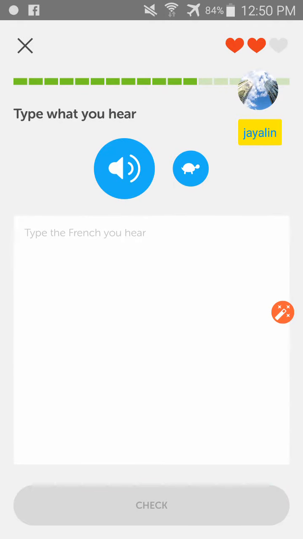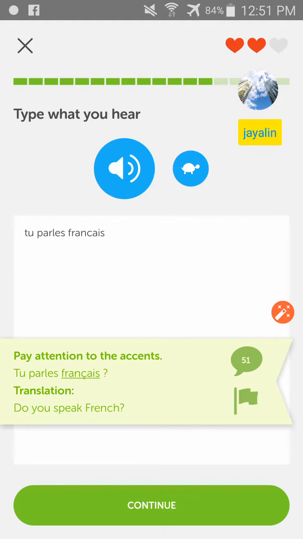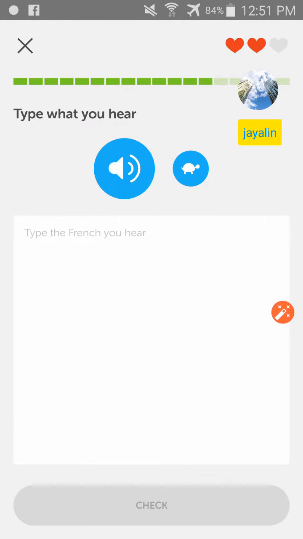Alright. Tu parles français? Tu parles. There's an S at the end because it's tu. Tu parles français. Do I remember this? Yep. I just don't know how to make a C with a tail on this keyboard.